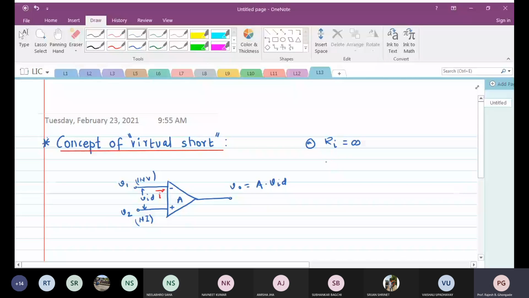Okay. Now, if Ri is infinity, and if you look at the internal model of the operational amplifier, this is Ri. I'm just partially drawing it. This is VID. So if Ri is infinity, what will be the value of this current I?